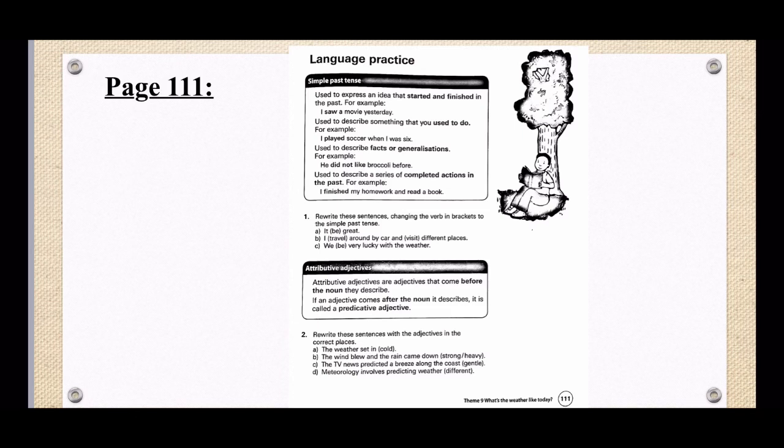Whatever verb is in the bracket, you need to change it so that the sentence is written in simple past tense. Question number 2 says, rewrite these sentences with the adjectives in the correct places. Once again, they're giving you adjectives in brackets and you need to put them in the right place in the sentence.